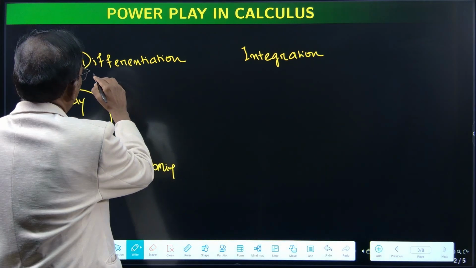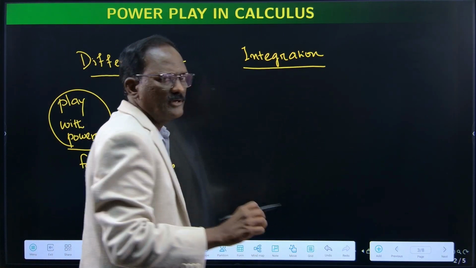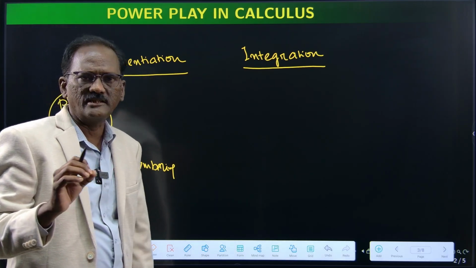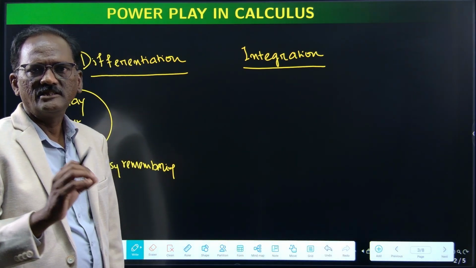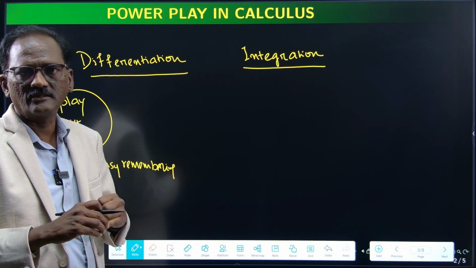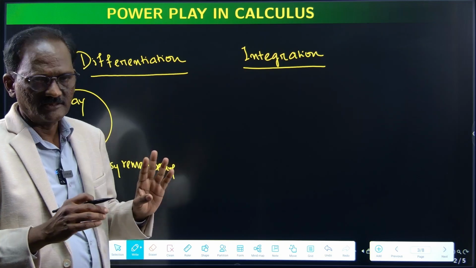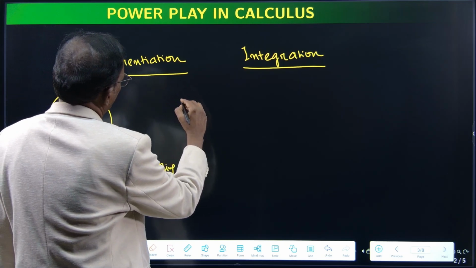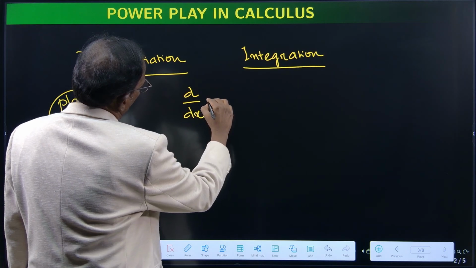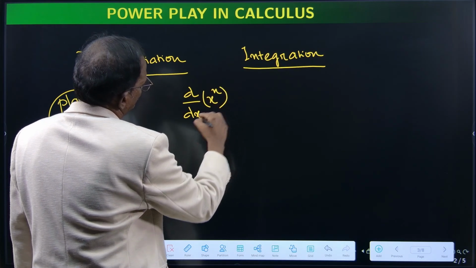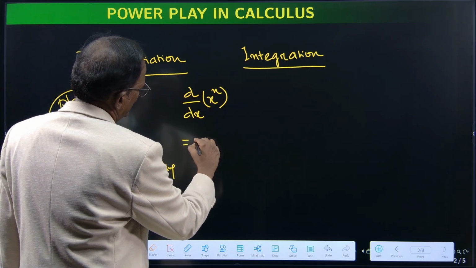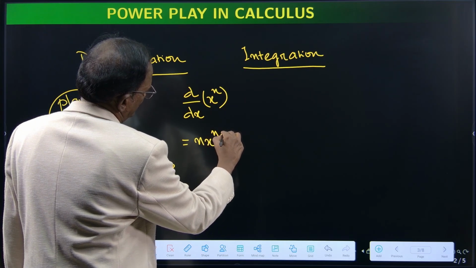So I have taken only the polynomial function. Many functions we have to differentiate, many functions we have to integrate. But I will be teaching you only the polynomial function, not exponential function, not trigonometry function, not logarithmic function. Say differentiation of x power n. The formula is n x into n minus 1.